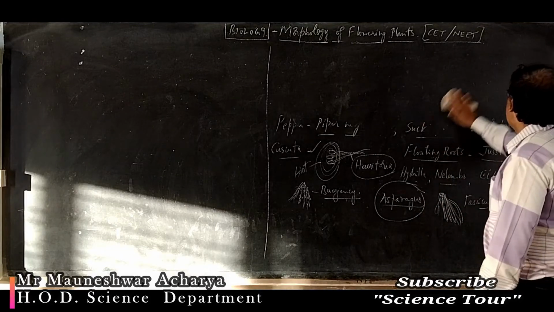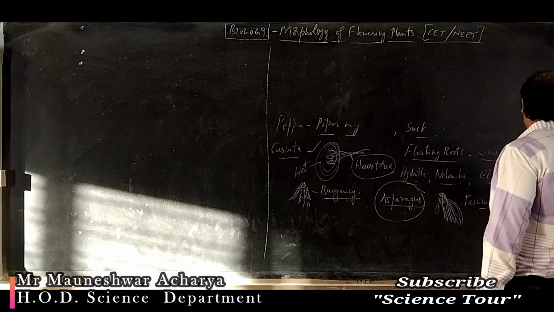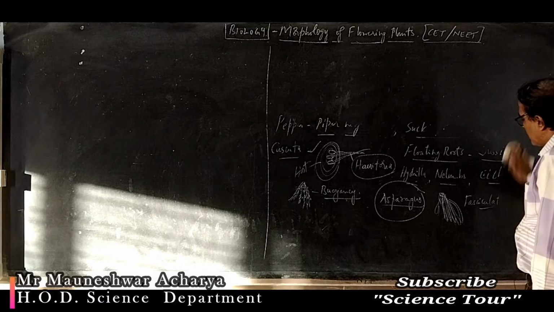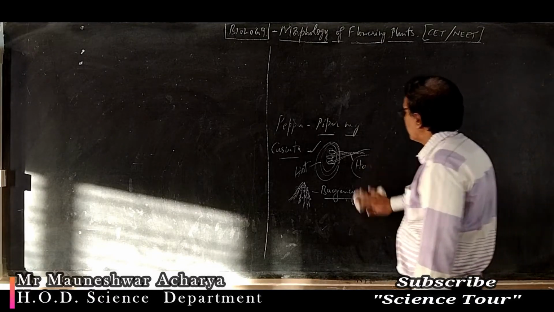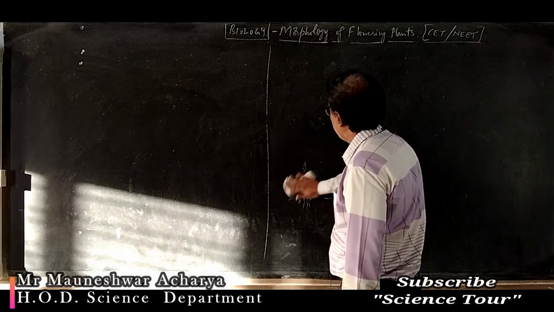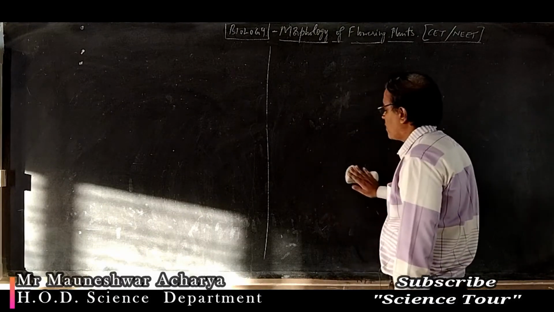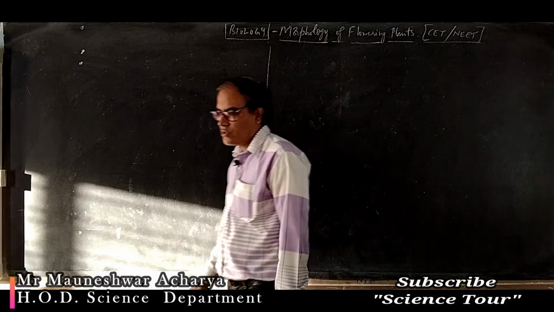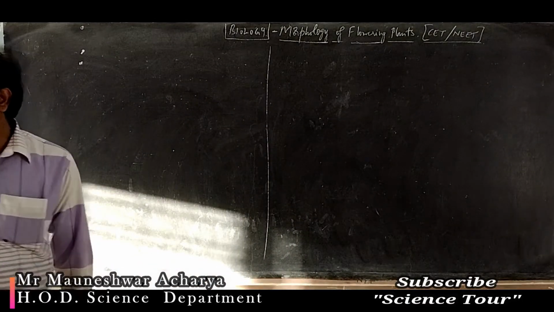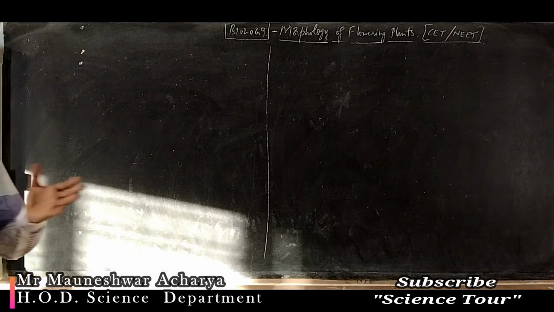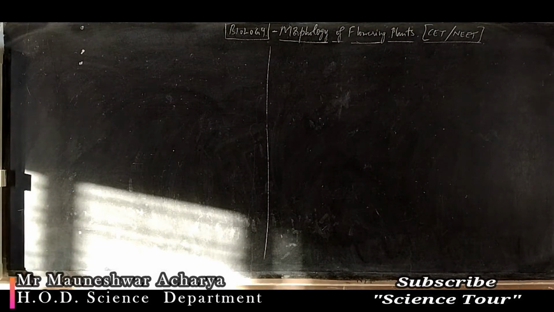Most often the stem is branched, sometimes unbranched. It is green when young, but becomes more woody and appears brown when it grows older. The stem gives different branches having flowers, which later give fruits.